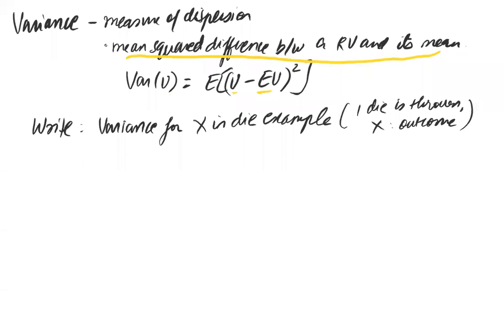We know that EU is 3.5, right? So the variance of U can be written as the expected value of U minus 3.5 the whole square. You write the possible values here and find the expected value of the squared difference between the random variable and the expected value.